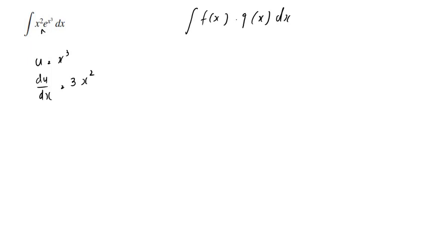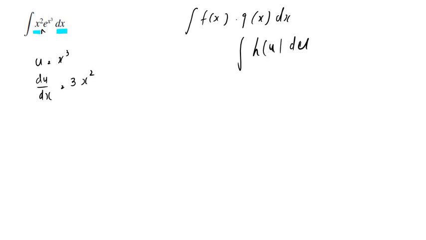Now, if we can substitute for x squared and dx in terms of u, we should be able to get this function in the form h(u) du that could be integrable. It could be integrated.